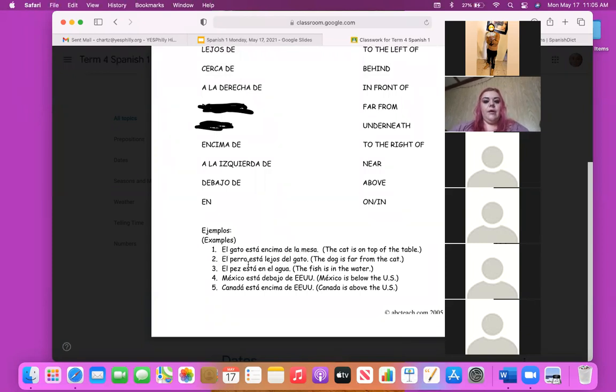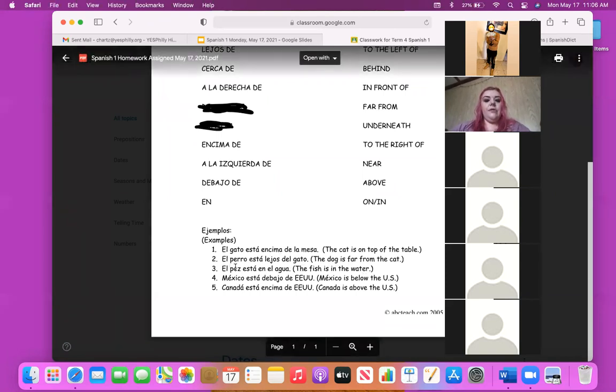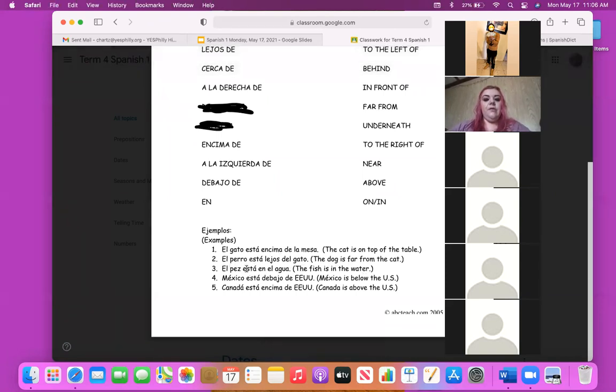El perro está lejos del gato means the dog is far from the cat. The fish is in the water: el pez, the fish, está en el agua, the water.